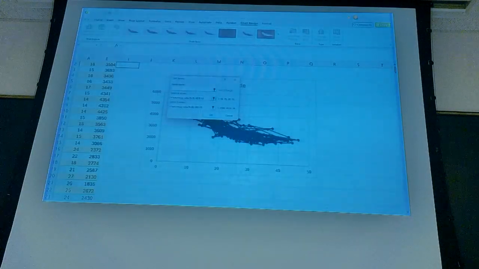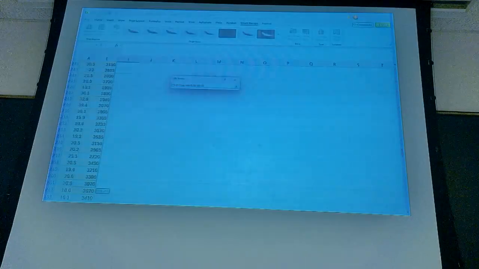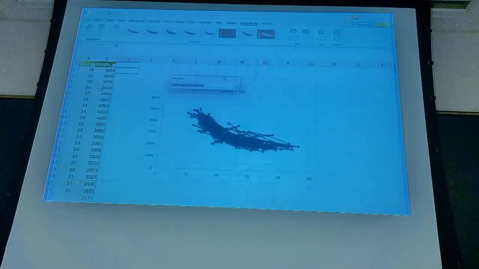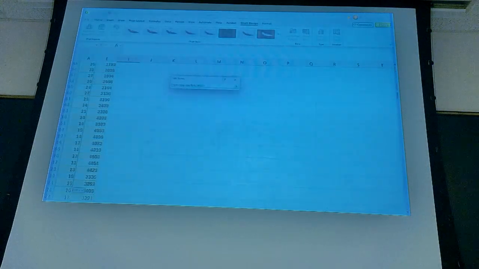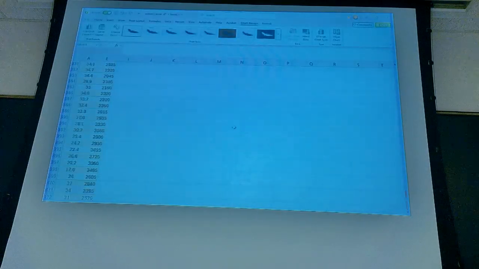The X values: weight. Y values. Okay. Doesn't look much better.